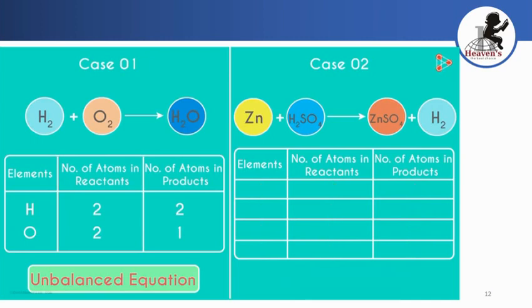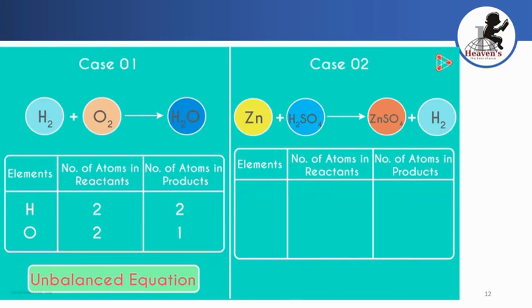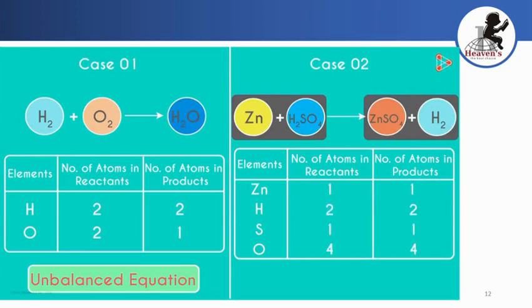Here we have the different atoms: zinc, hydrogen, sulfur, oxygen. The number of atoms on the reactant side: zinc 1 atom and product side also 1. Hydrogen atoms on both sides 2 and 2, sulfur 1 and 1, oxygen 4 atoms.